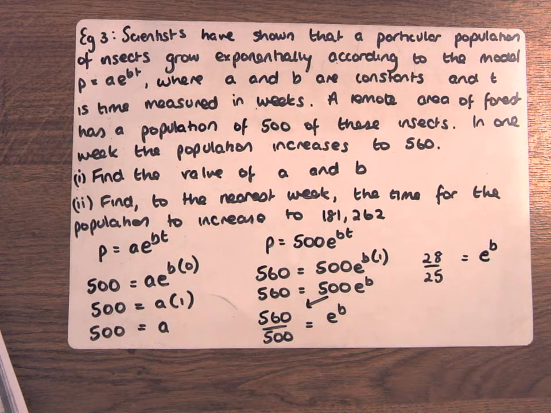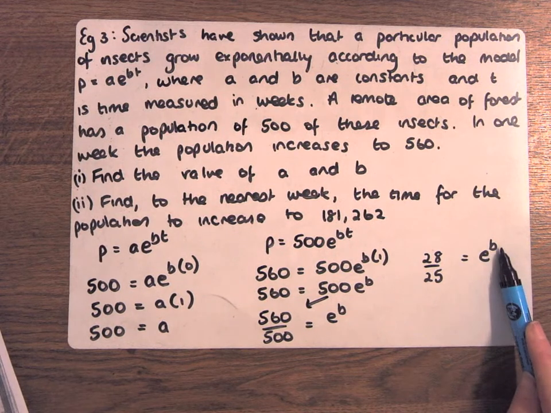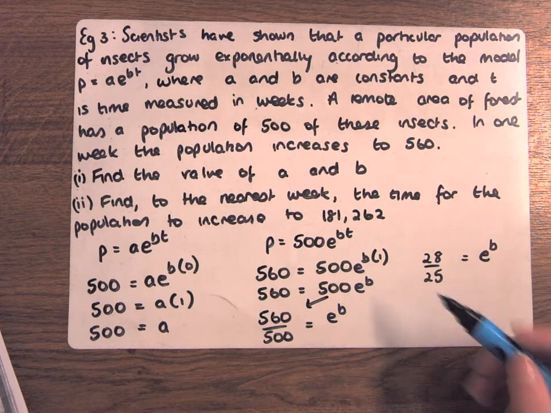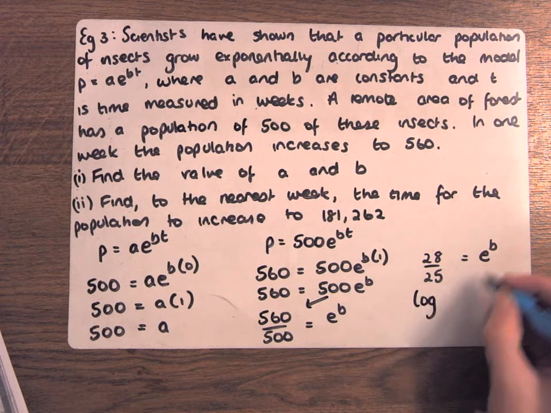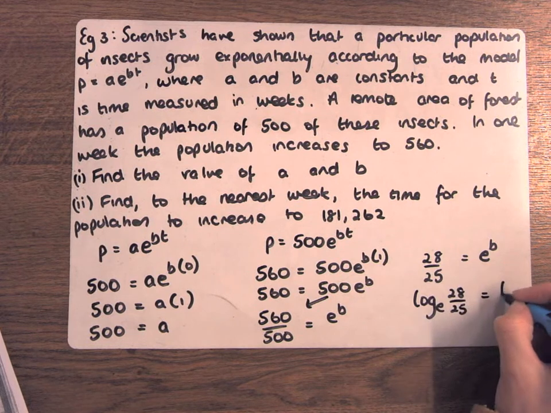Now, I am looking for a power, so I need to do logs. What's my base? e. Yeah, that's your base. What's my power? b. And the value is 28 over 25. Base, power, value. So log to the base e of 28 over 25 will give me b.